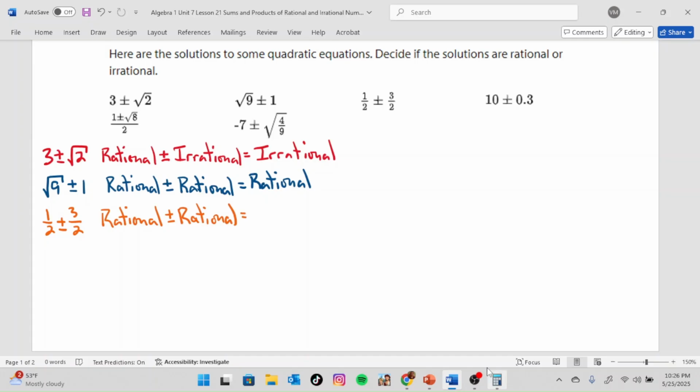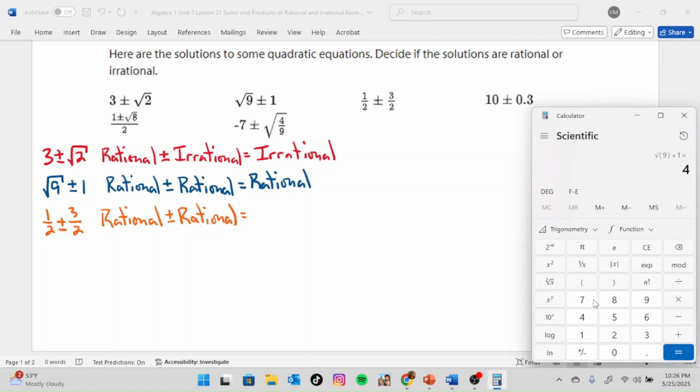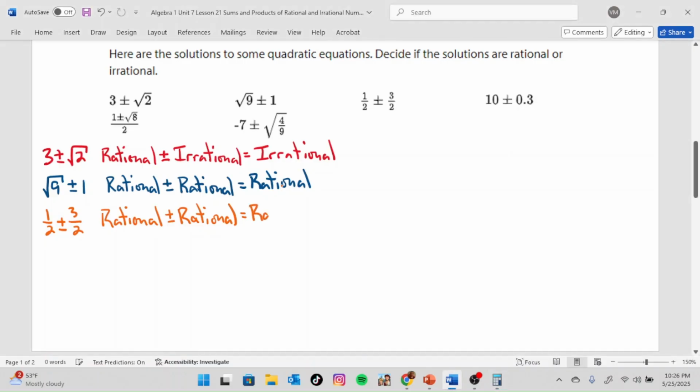And if we tried to put it in a calculator, 1/2 is 0.5 plus 3/2, which is 1.5. The answer is 2, so that is a rational number.